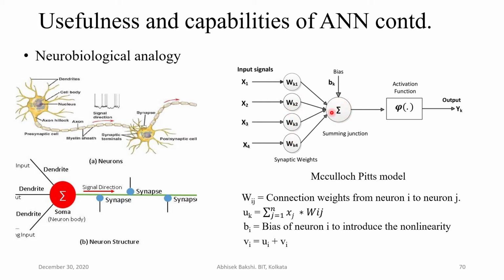Mathematically, we have a very simple addition of multiplications. The x1 will be multiplied with WK1, similarly x2 will be multiplied with WK2, x3 will be multiplied with WK3, and these multiplications are added. You can see it over here.